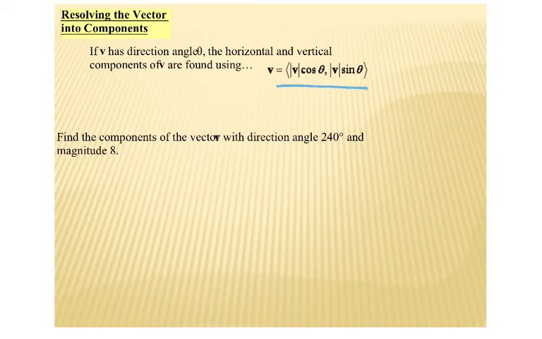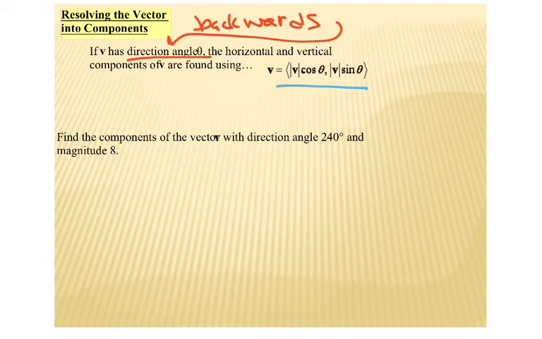So again, we're basically going backwards. So we're saying, hey, we know the direction angle, and now we want to find the pieces that would make up that vector. And so a lot of times they will say, give us 2 points that would be on that vector, or a coordinate that might be on that vector.